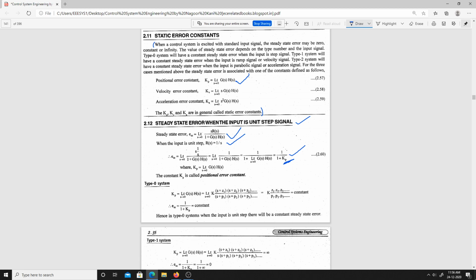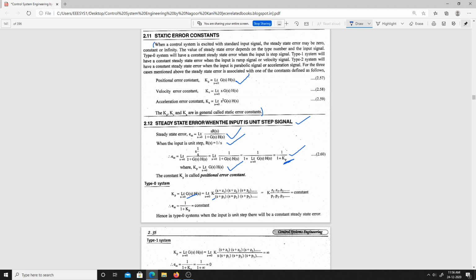Now I'm working on the type 0 system, so I'm doing the analysis for the type 0 system. If I take the type 0 system, Kp equals limit s tends to 0 of G(s) H(s). So for the type 0 system, what?